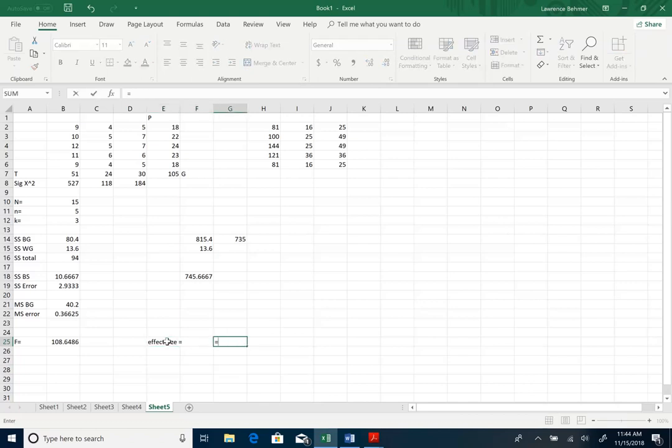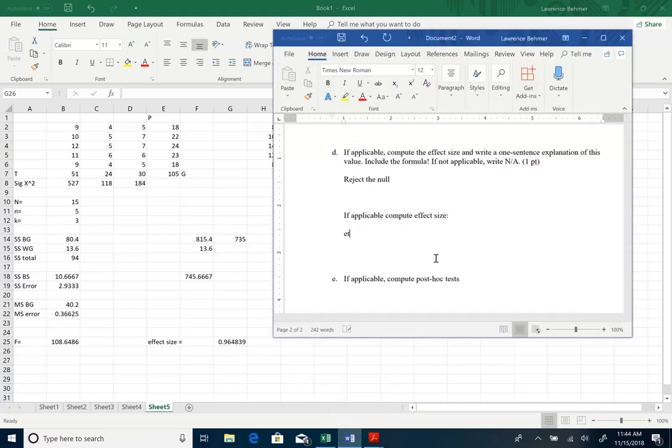So we'll take the sum of squares between groups, which is 80.4, and divide that by the sum of squares between groups, which is 80.4, plus the sum of squares error, which is 2.93. And we get an effect size of 0.96, right? So let's say eta squared equals 0.96.